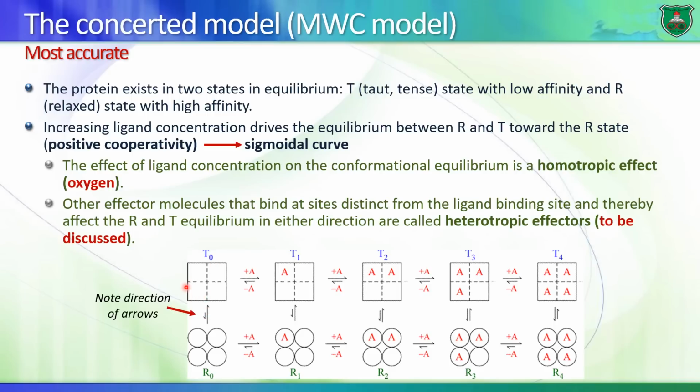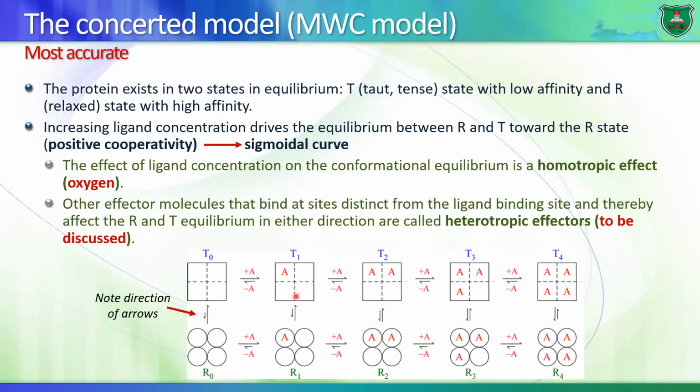Yes, in the absence of oxygen, hemoglobin can exist in the R form, but it's rare compared to the T form. Now when an oxygen is added, when it binds to one polypeptide, the equilibrium changes a little bit. So now you would have more proportions of hemoglobin in the R form compared to when no oxygen molecule existed.